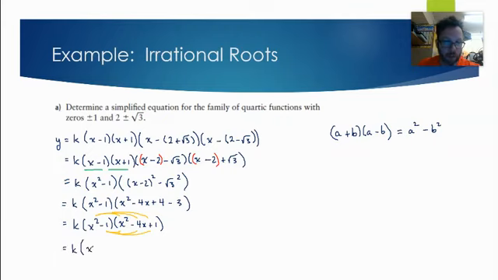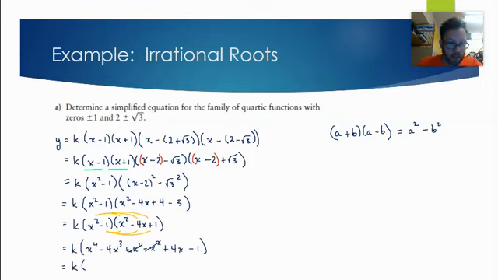So we have x to the power 4 minus 4x cubed plus x squared minus x squared plus 4x minus 1 times 1 minus 1. And then I'll do some collecting of like terms. Interesting that the x squared terms divide out.